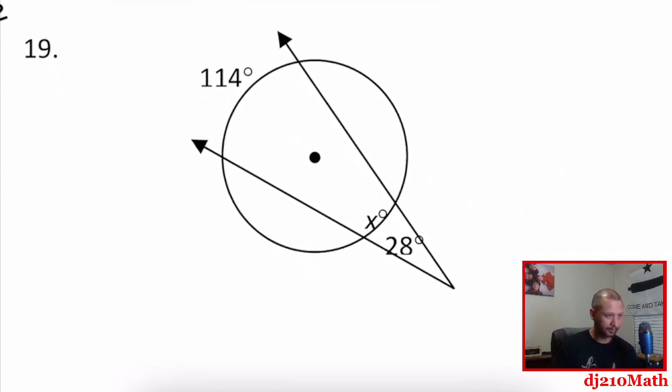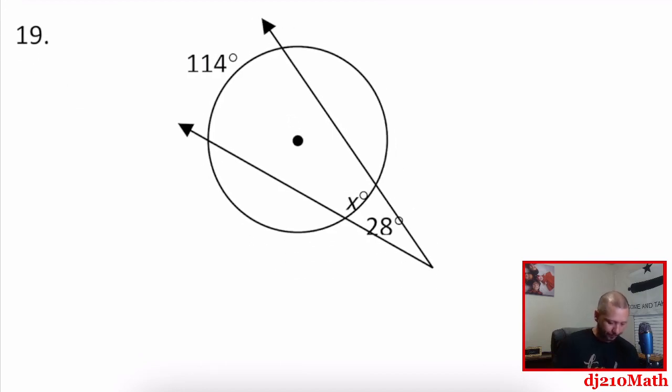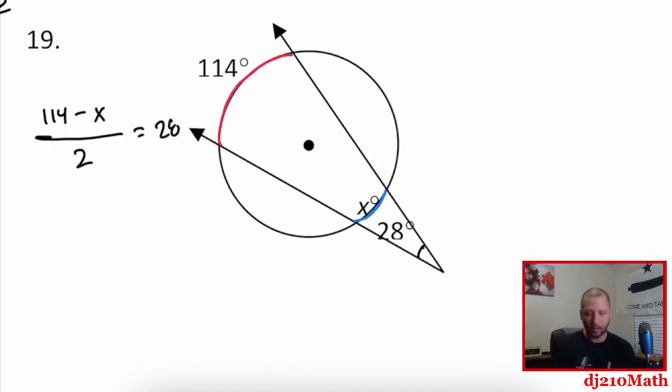All right, number 19. The last one I'm going to do. Big arc minus the small arc divided by 2 equals the exterior angle. Excuse me. Multiply both sides by 2.